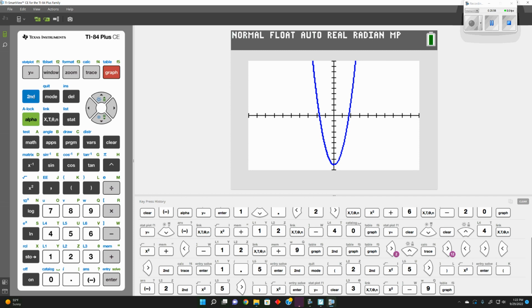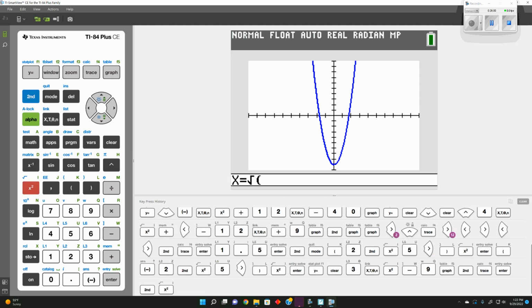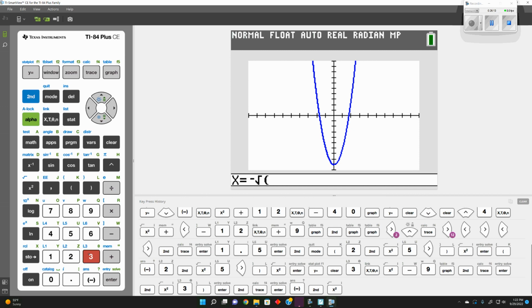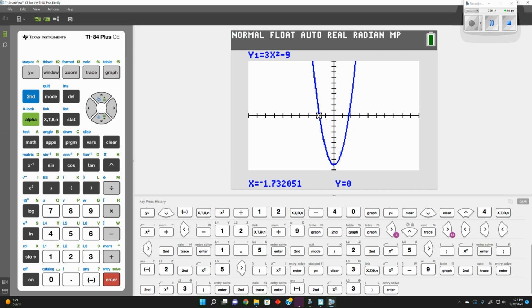Now I can go second calculate value, and I can say second square root 3, and it tells me that it is 0. Calculate value, negative second square root 3, it's also 0. So we can plug that back into the function, 3x squared minus 9, solve it, and it will tell us that it is 0.